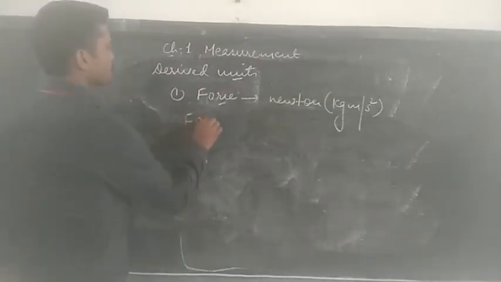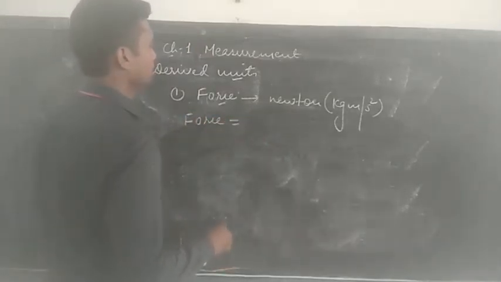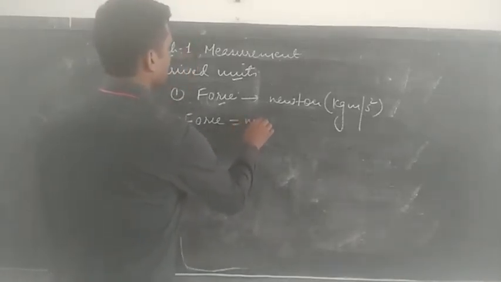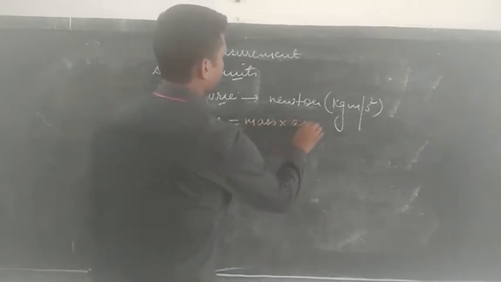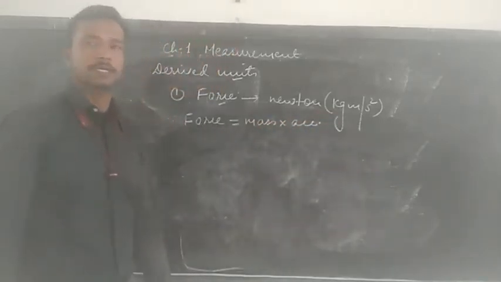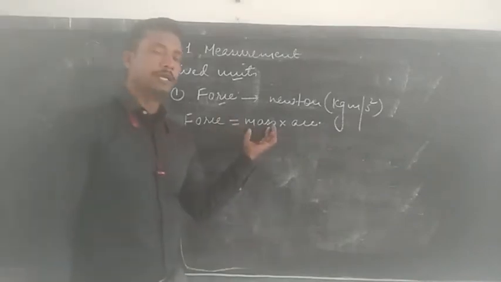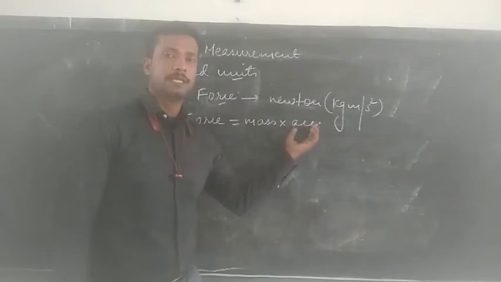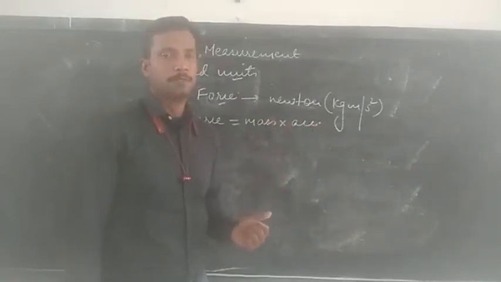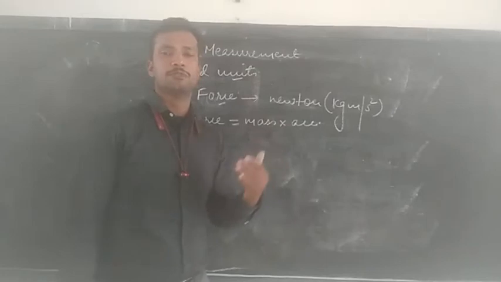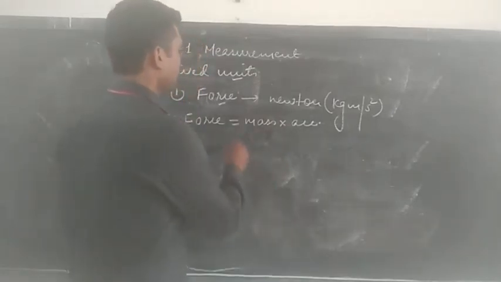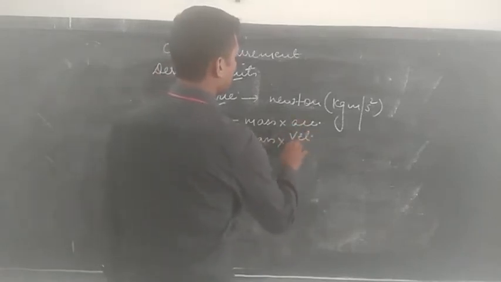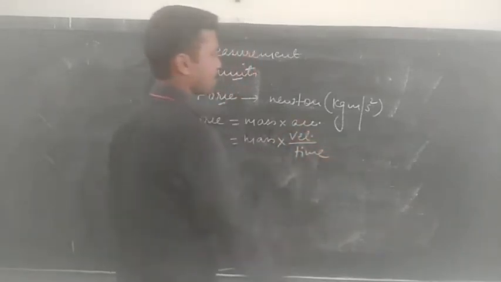We know force is equal to mass into acceleration. Now since mass is already a fundamental quantity, we have to change this acceleration into its simplest form. And we know acceleration is change in velocity by time. So keeping mass as it is, we can write acceleration is equal to velocity divided by time.